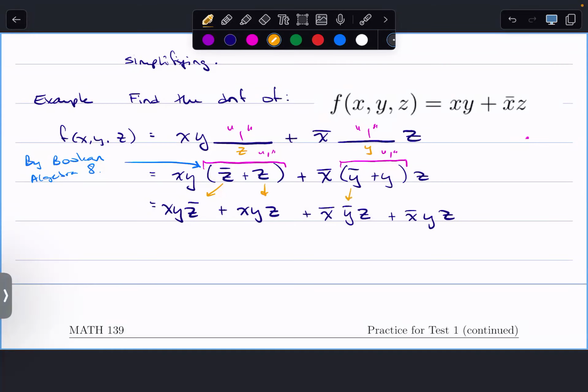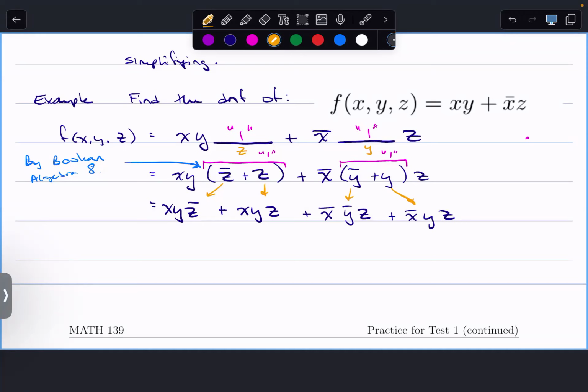This one came from here and this one came from here. They're just attaching onto the inside terms. That's the DNF. Cool.